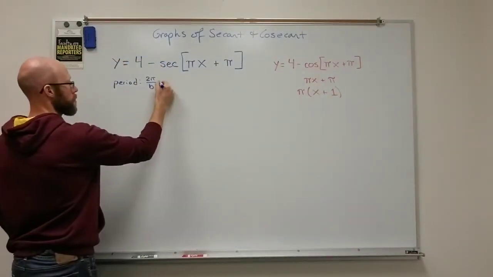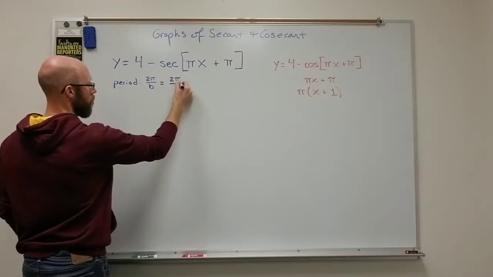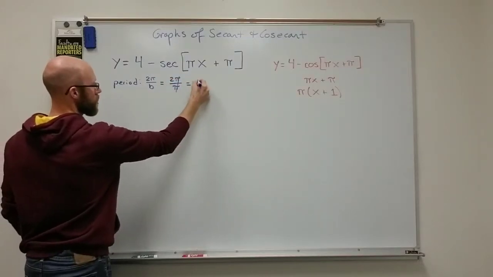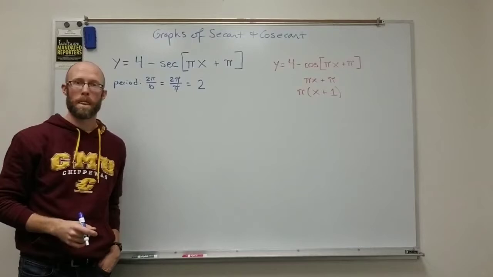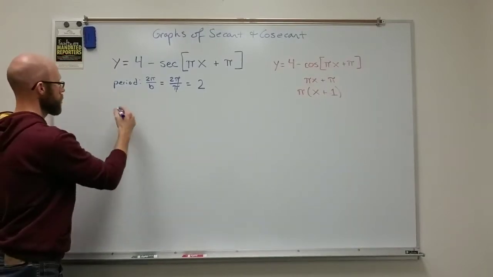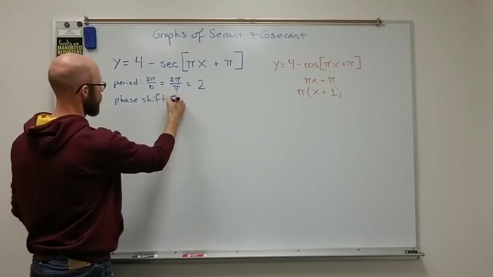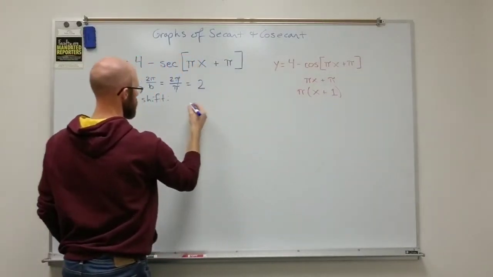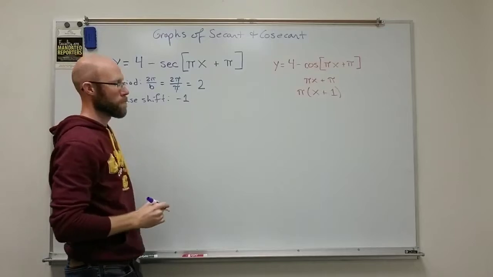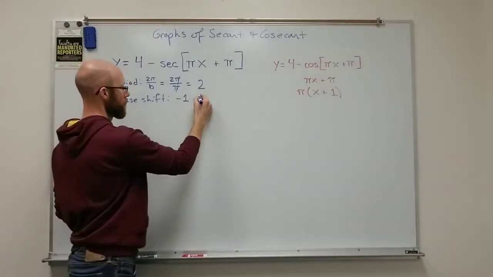So my period is going to be 2 pi over pi. The pi's cancel, and that gives me a period of 2. The phase shift, again, is the opposite of the sign of what's in the parentheses, so it would be a negative 1 or a left 1.